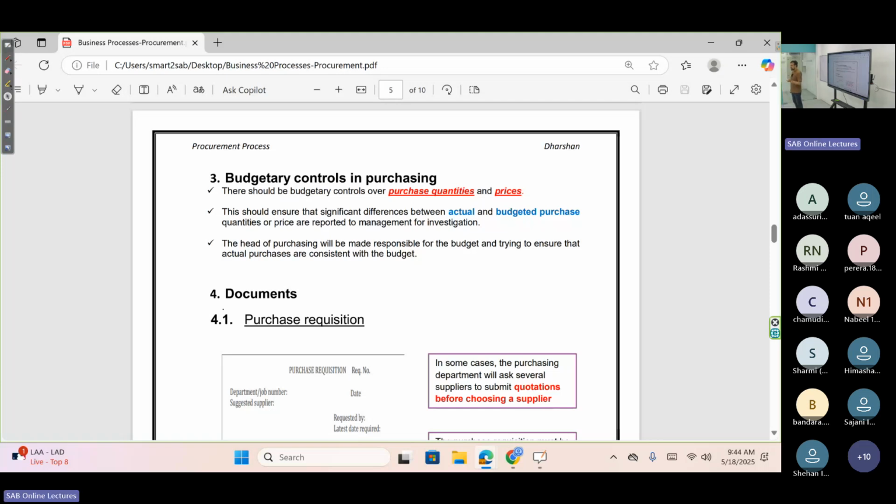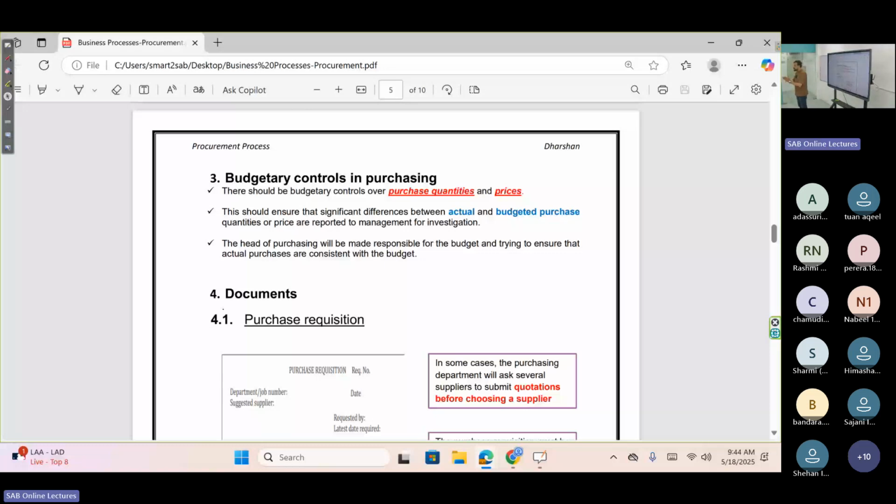Price is the base for selecting a supplier, along with other factors. For quotations, say one quotes 100, another 110, another 124. First I will look at the low cost, and after that we will focus on other factors.